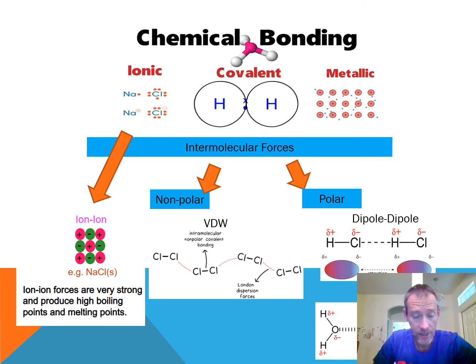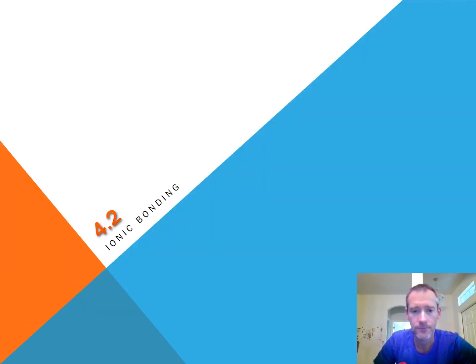So these are like dipole-dipole, but stronger than your dipole-dipole. And then you have metallic, which has no force between metallic compounds because there's no compound. It's an atom or element. Zinc, copper. Okay, so there's no force in metallic bonding. All right, so that was a quick overview.